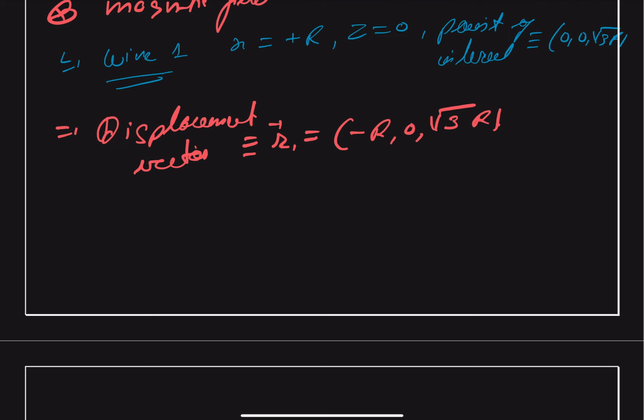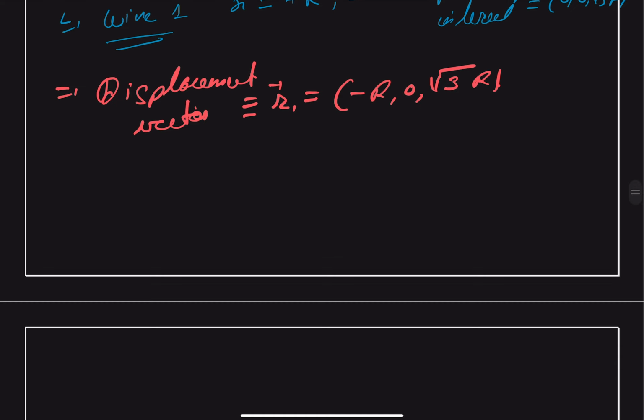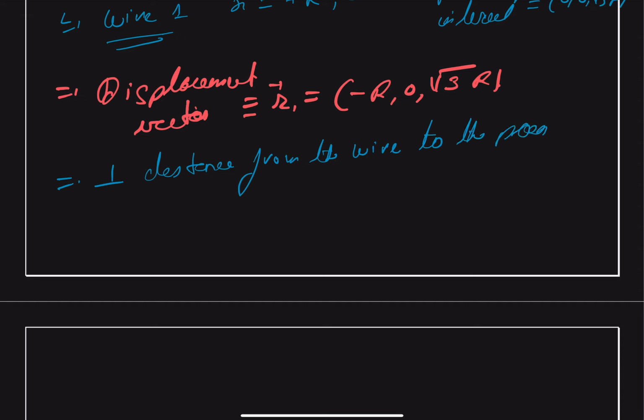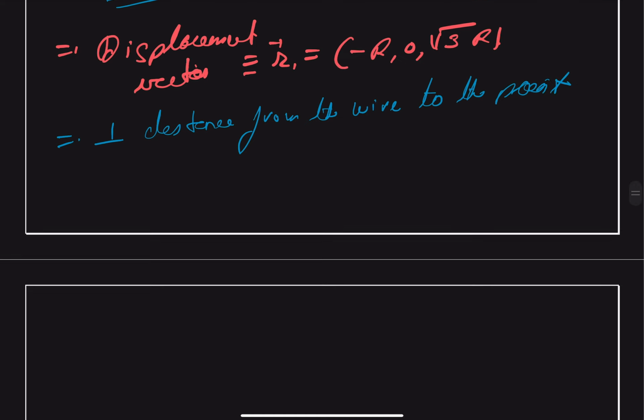We are mainly interested in the perpendicular distance from the wire to the point. Let's call this r perpendicular. So this gives us r square.